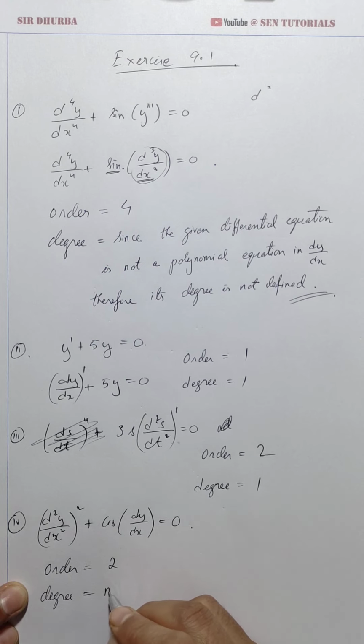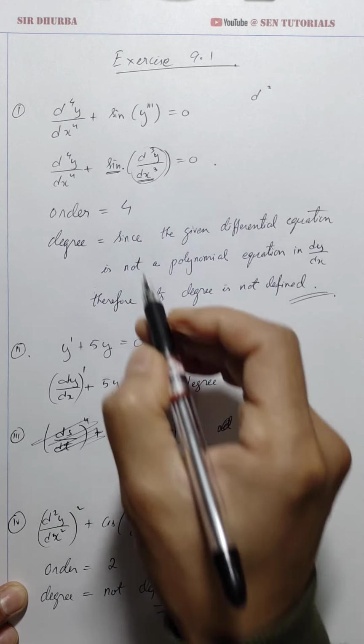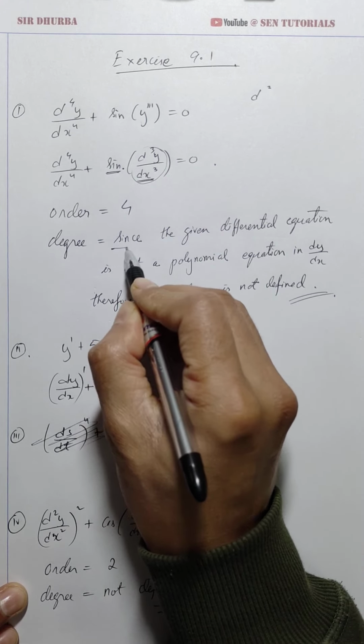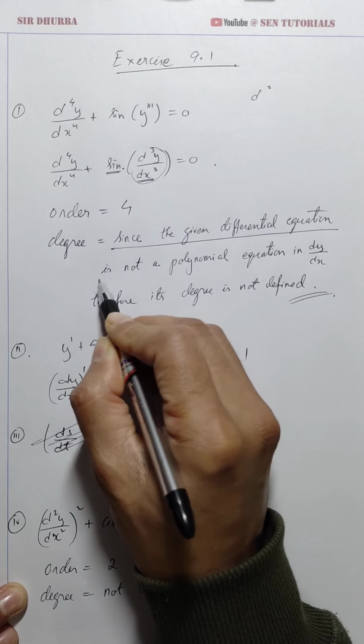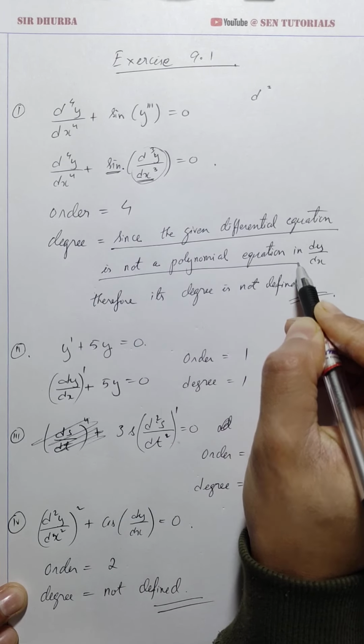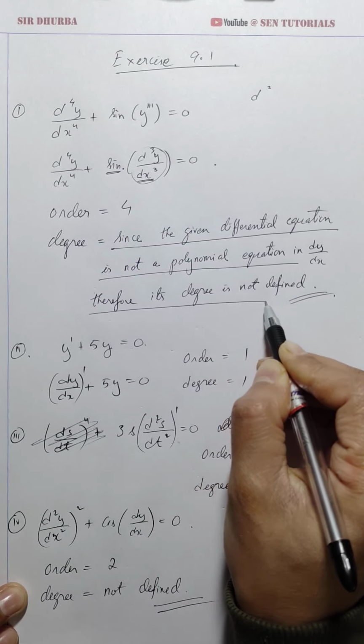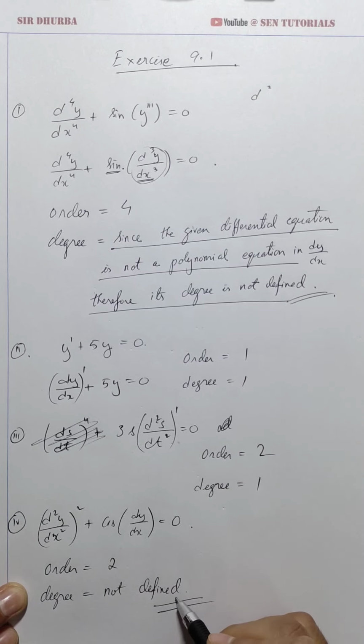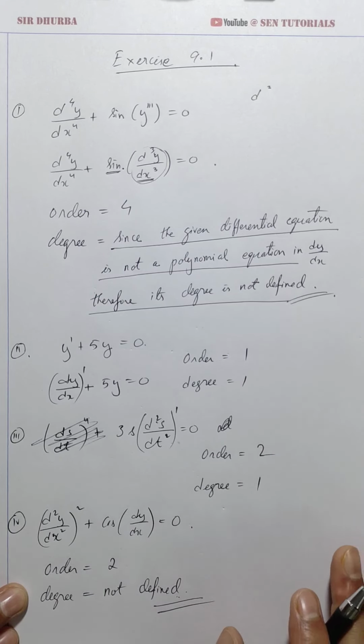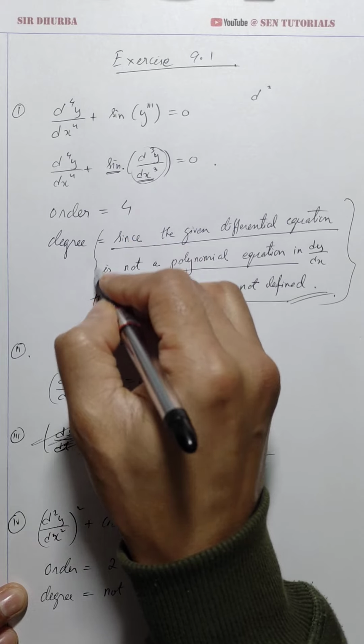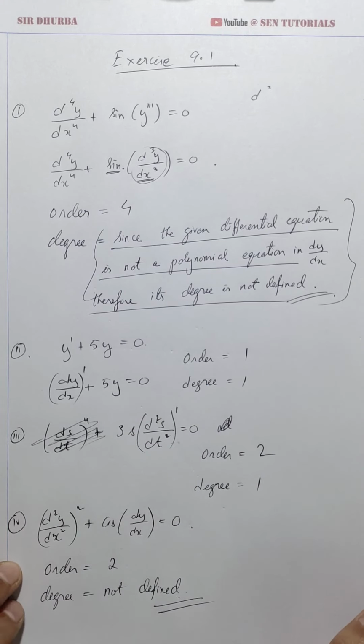Degree will be not defined, but please write it like this: since the given differential equation is not a polynomial equation in dy by dx, therefore its degree is not defined. Here, just to save some time, I'm just writing not defined, but every time please write this if it comes for you to write.